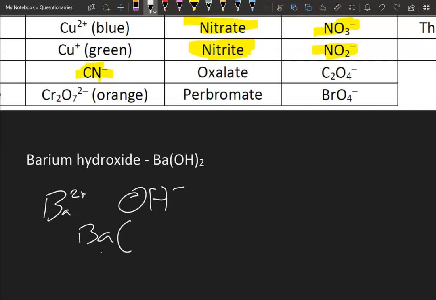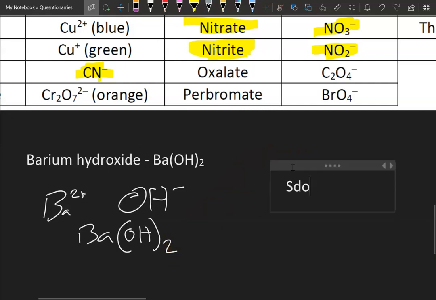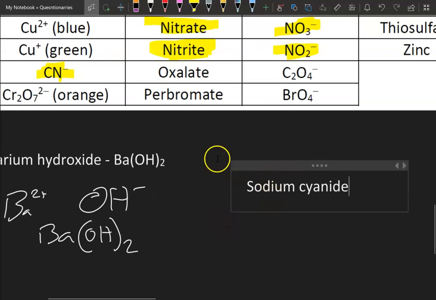What we end up doing is we put parentheses around the hydroxide to show that there is more than 1 hydroxide present. In this particular example, you have 2 hydroxides present. Now, sometimes, and this is another example here, you have a compound like sodium cyanide.